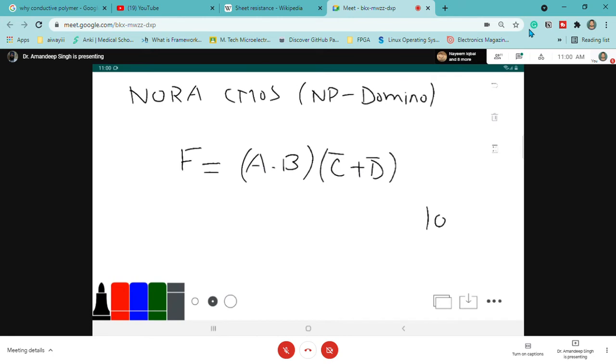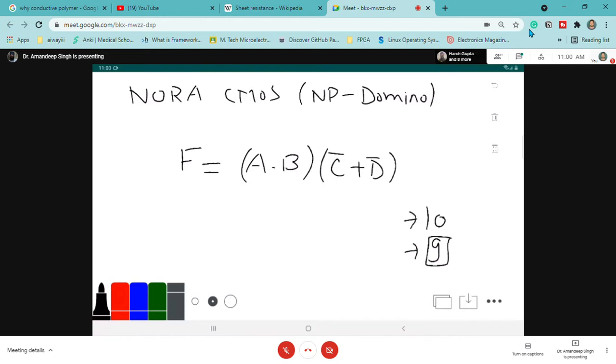Anyone else who has done it with the minimum number of transistors? 9, okay. So your answer is 9? Yes, sir. Okay, fine. And Abhimanyu says 10. Okay, so it will be 9.